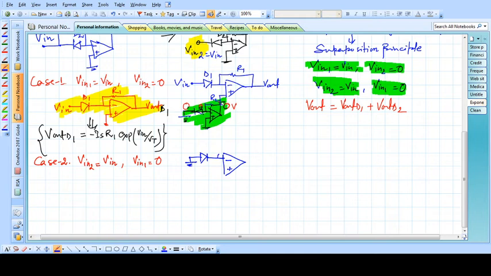And this should be resistance R1, V output, D1. Now for this one, the same circuit we are making, minus plus, this should be grounded, and there should be some resistance, say R2, but this one voltage is now V in.